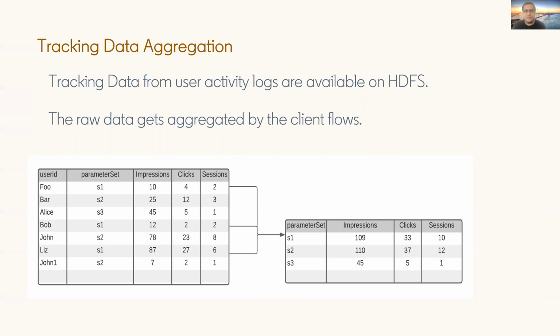So you have one record for every user, and now what you want to do is aggregate the metrics by configuration. Over here we are showing an example where on the left hand side of the table you have three records as Foo, Bob, and Liz. They all have been assigned configuration S1, and in order to compute the right hand side table, you basically want to aggregate all these metrics. So S1 has data which is aggregated from these three rows, and similarly S2 and S3.